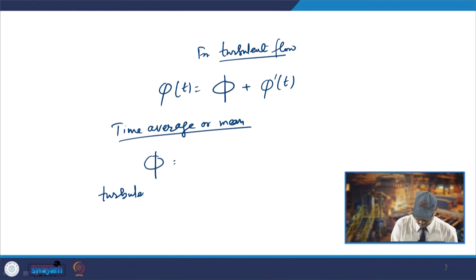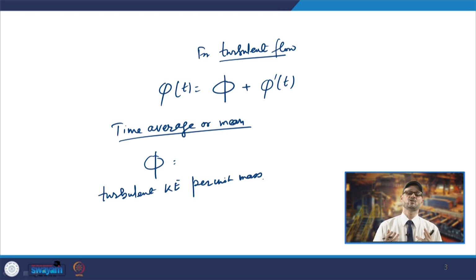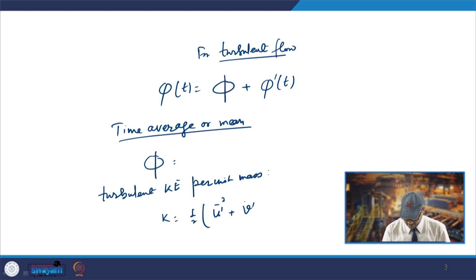So you will have the turbulent kinetic energy per unit mass, which will be given by the respective velocity fluctuations, equal to half of u prime square plus v prime square plus w prime square.